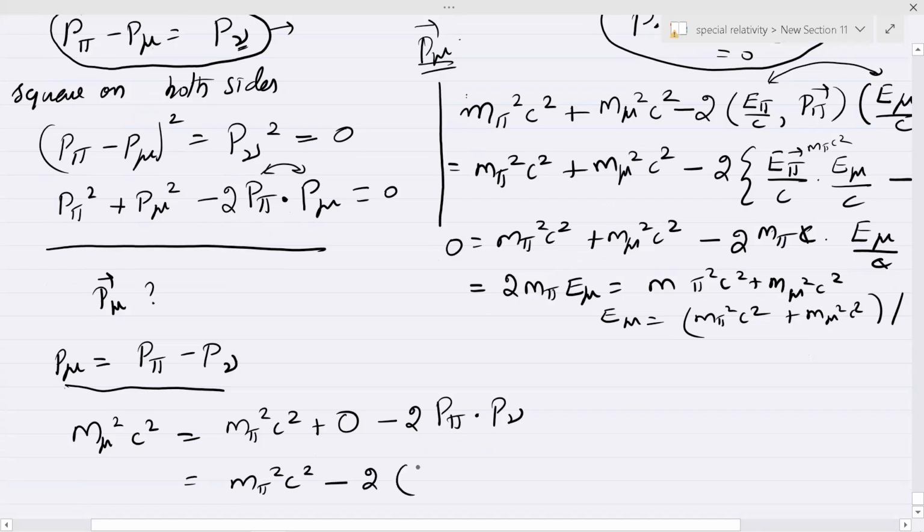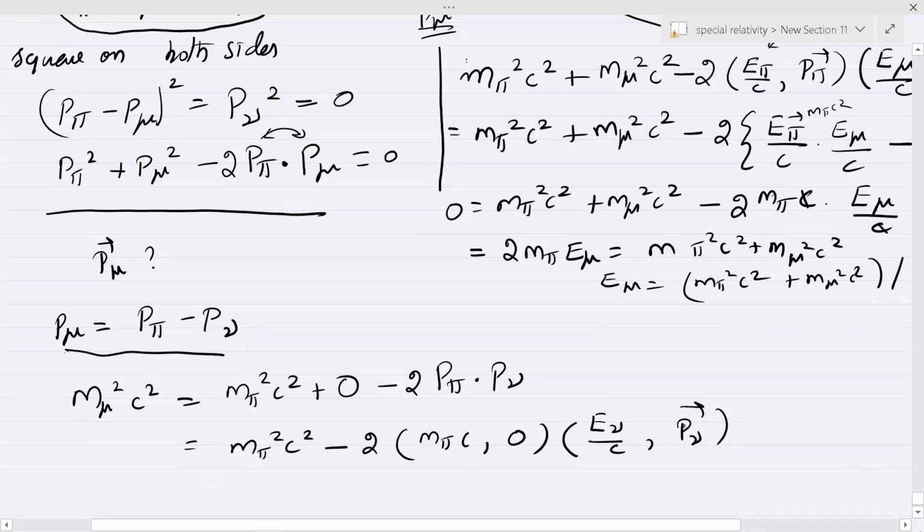Now we write it in component form. We know that E pi is equal to m pi c square, divided by c, so that E by c, I'm writing the components, comma p pi vector, that's 0. And here the components we can write as E nu by c comma p nu vector.